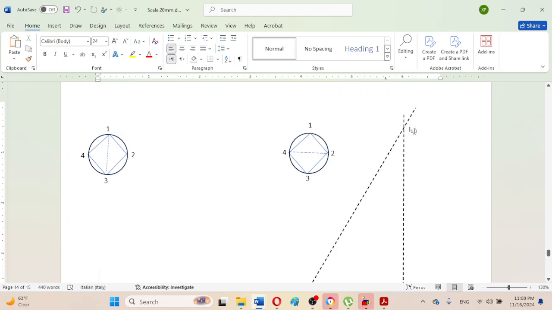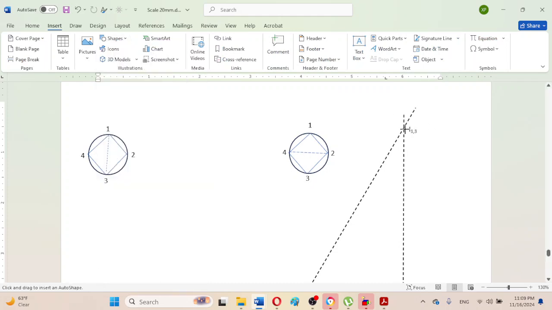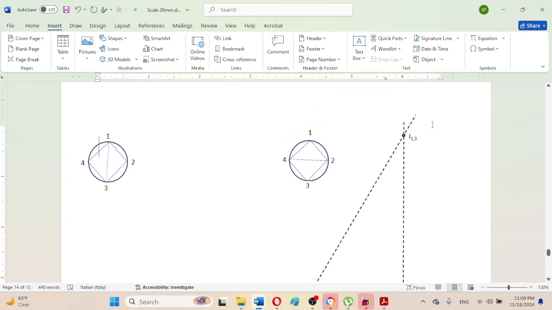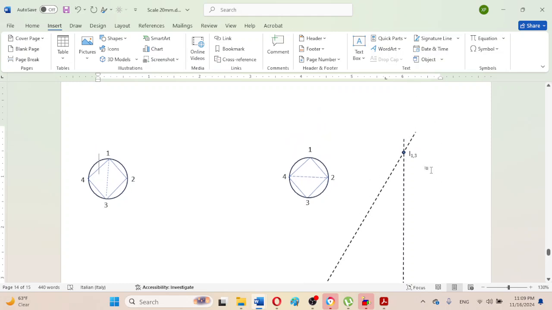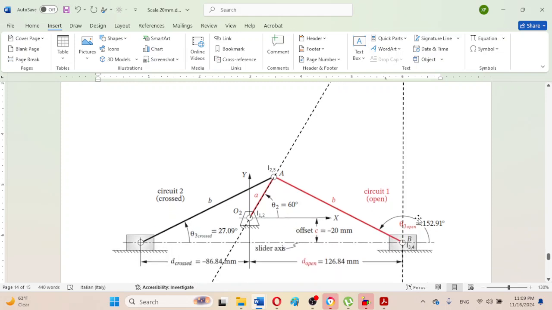This instant center has been found, and for better labeling, I use a small circle to clearly represent this unknown instant center. This instant center is changing at every instant depending upon the motion of these links.